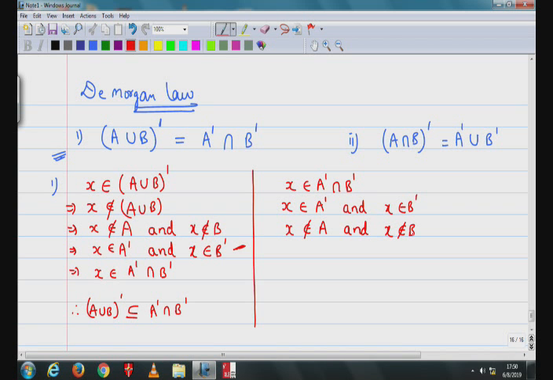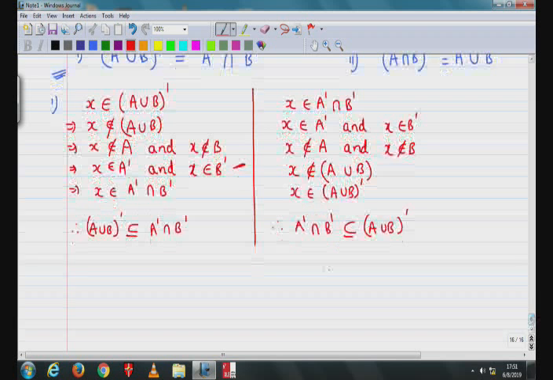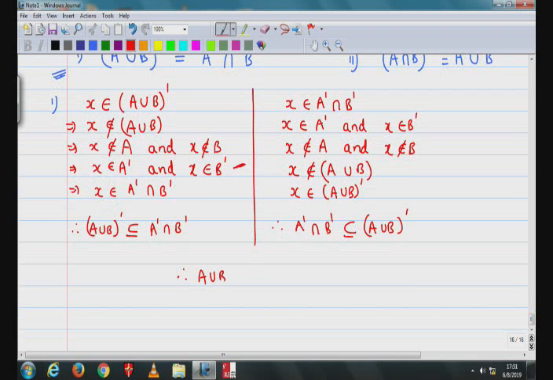Now if x does not belong to A and x does not belong to B also, we will say x does not belong to A union B, just the reverse process. And x does not belong to A union B means x belongs to A union B complement. Therefore, A dash intersection B dash is a subset of A union B complement. So from these we can say A union B dash is equal to A dash intersection B dash.